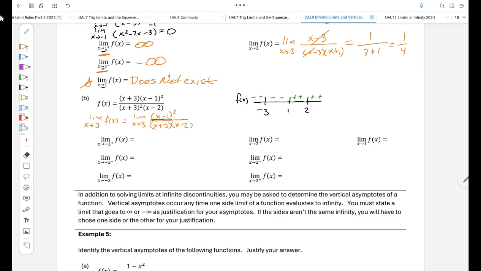I'll move on to my 2 bottom factors. x plus 3 will be negative anytime my number is smaller than -3, and positive anytime I'm after -3. And then my last one, which is x minus 2. That's going to do the same thing, but at the number 2.